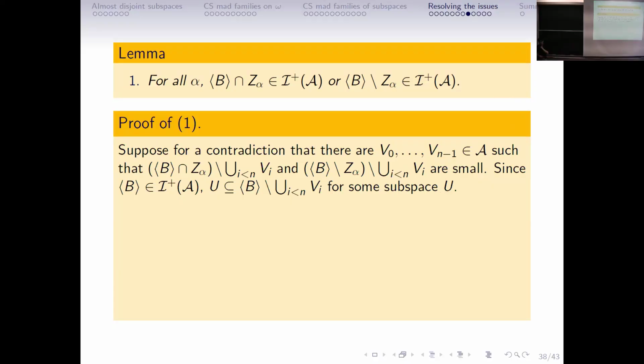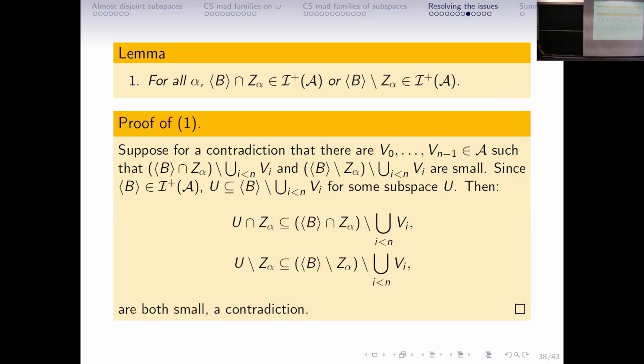But we know that B is I(A) positive, which means that these Vi's cannot cover B up to a small component. So what it means is that Z alpha is going to split this U. This U is a subspace in this difference. This Z alpha is going to split U into two small components again, which is a contradiction.